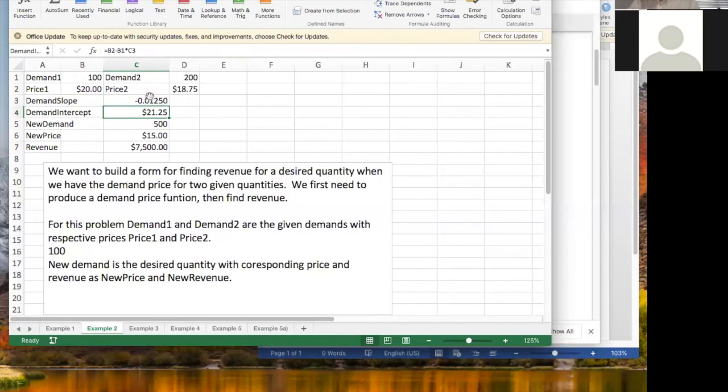And similarly for here, price 1 is that cell times demand 1 plus the demand intercept.